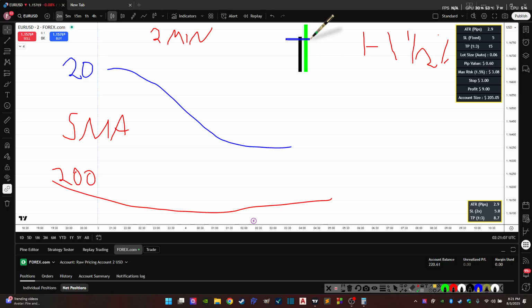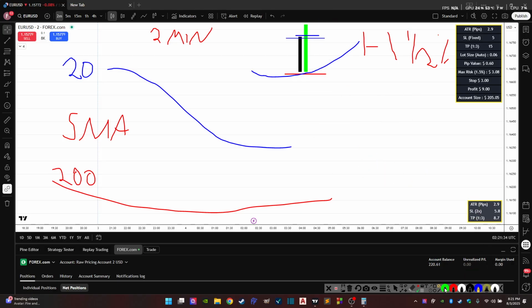Our enter would be there, and our stop would be just below that black candle. So we're looking to enter as soon as that breaks. Our 20 is going to be below, and our stop is going to be below.